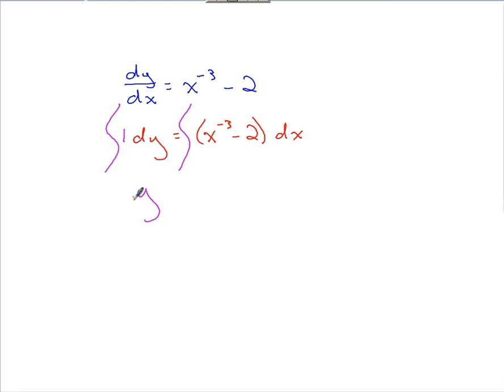y. Now, on the right side, you got that x to the negative third. Add 1 to the power, get negative 2. Reciprocal, negative 1/2 goes to the front. We're subtracting 2, so we attach an x to that. Got to add on the constant since we've taken the antiderivative. Once again, we go back to the given information.